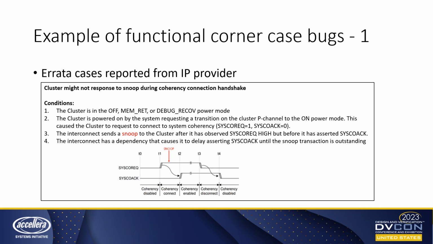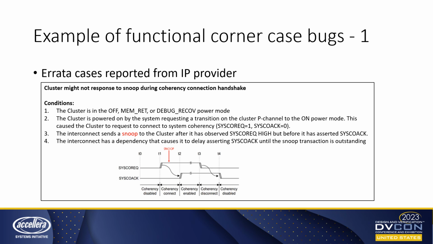When the CPU cluster changes its state, like power down or wake up, the cluster generates a syscall request to the interconnect to block or connect its current network. And the interconnect also responds with the syscall ack signal.